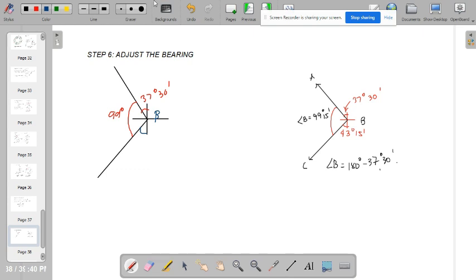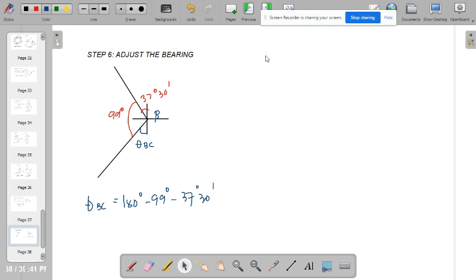So, let's say this is theta BC. Okay. Now, theta BC is equal to 180 degrees less 99 degrees less 37 degrees, 30 minutes. So, eto na yung bale ang magiging adjustment mo ng line BC.